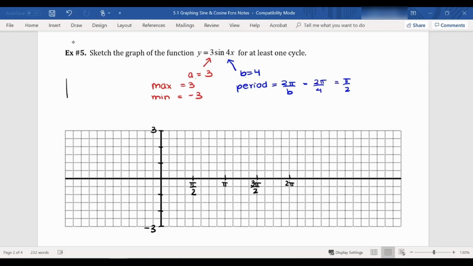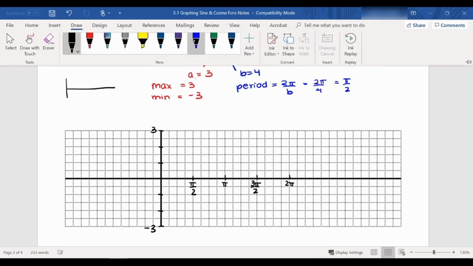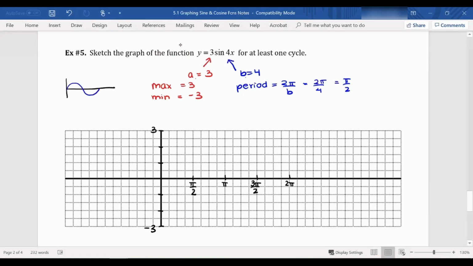Now, again, I know that my basic sine graph looks like this. I know I start and end at the midpoints, which for us is still on the x-axis. We know that the period's pi over 2, so I need to start and end so that I'm starting at 0 and ending at pi over 2.